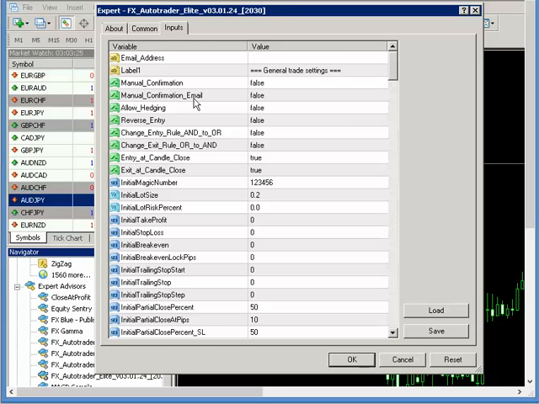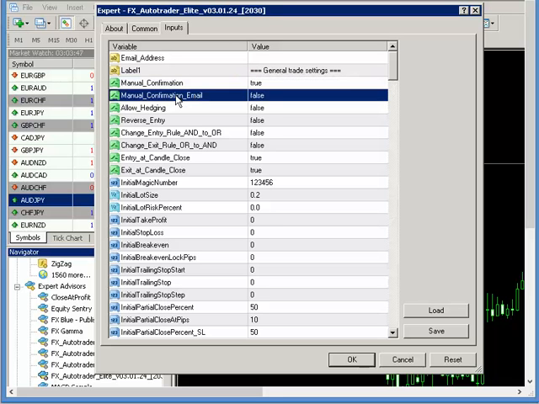The confirmation one is where you can, if you want to, double click and set it to true. Whatever strategy you're running, when the indicators line up and meet your entry conditions, a little menu will pop up on your screen asking you to confirm whether or not you want to take that trade.